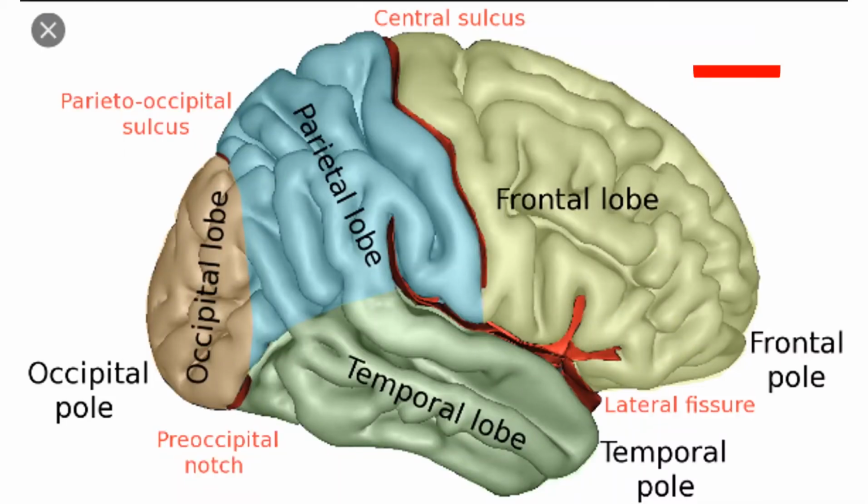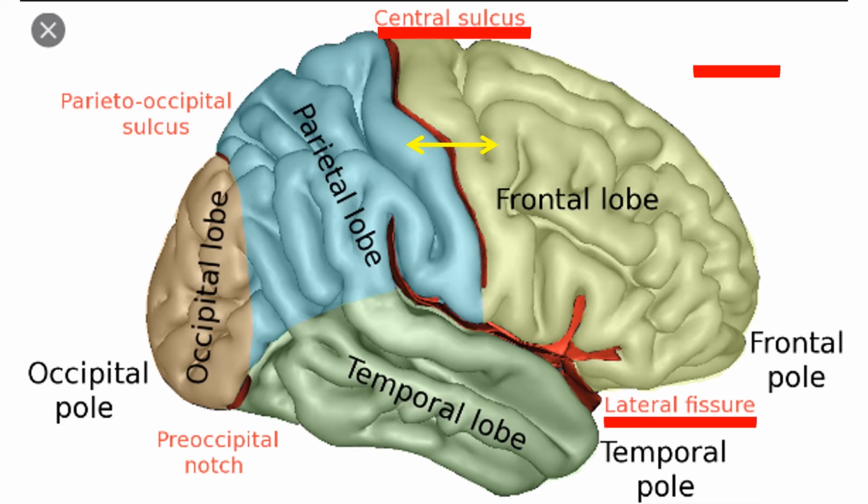Let's review the sulci and the lobes of the brain in this diagram. The central sulcus is a well recognized sulcus as it goes down from the superior border, and it separates the frontal lobe, covered by the frontal bone, from the parietal lobe, which is covered by the parietal bone.